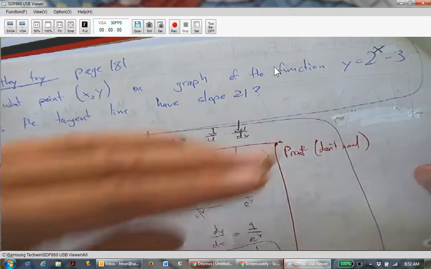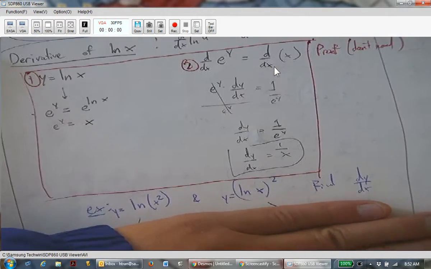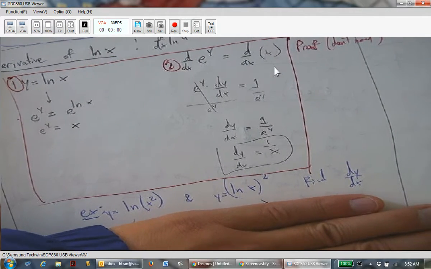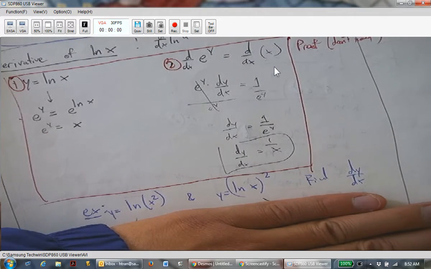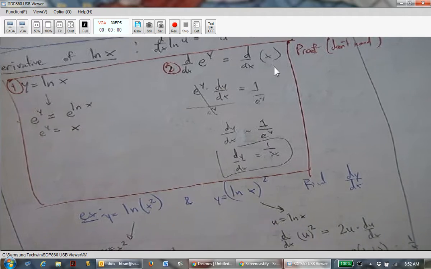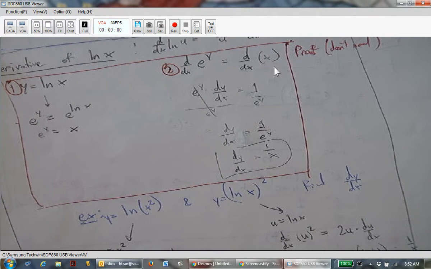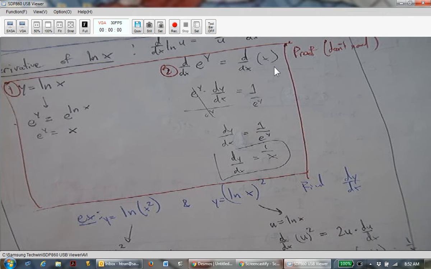That being said, let's see if you guys can do this here. All right, 2 different contexts. Can you find quickly the derivative of both of these situations? The derivative of the function ln of x squared and the derivative of when ln of x is being squared. 2 different things, okay?